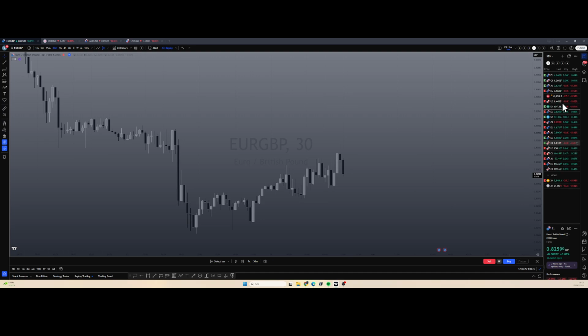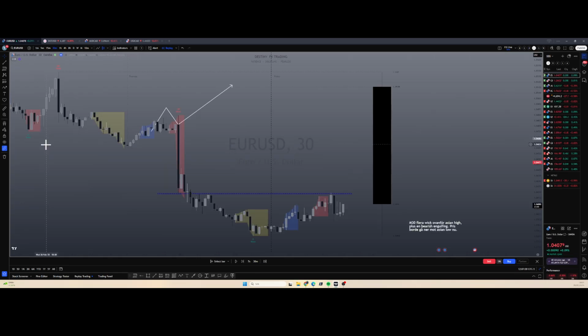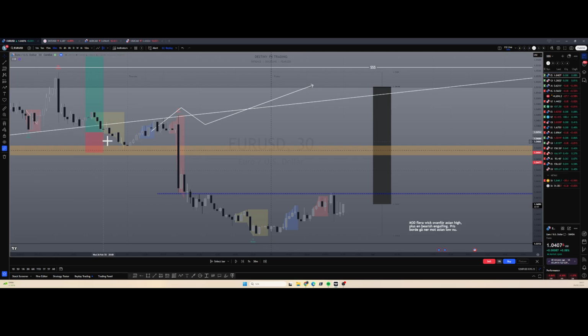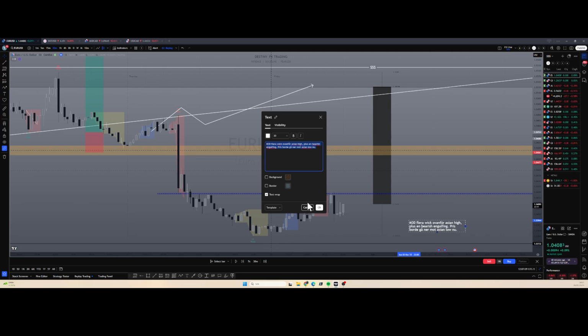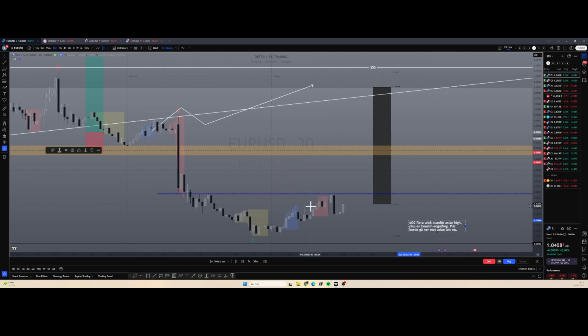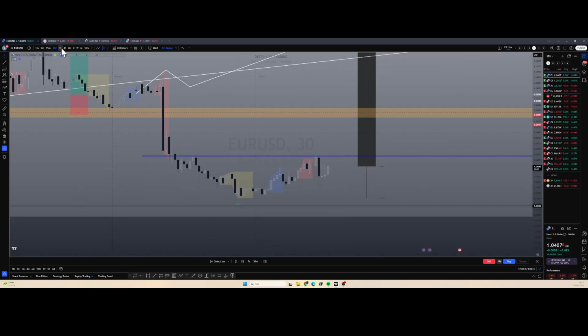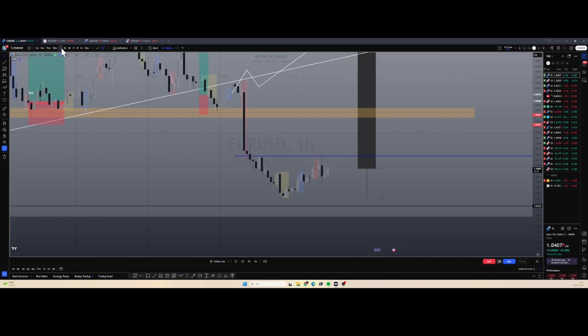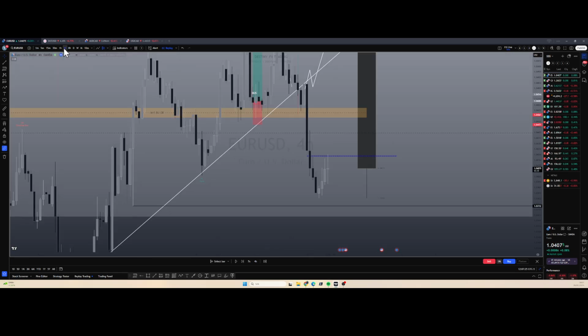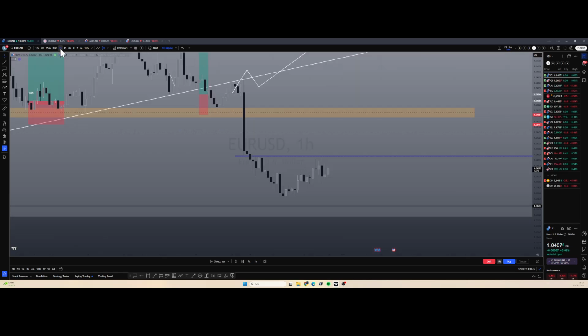So like I said, let's look at EURUSD also at the same time. Let's see how it looks. Let's remove this. Bearish on the H4.